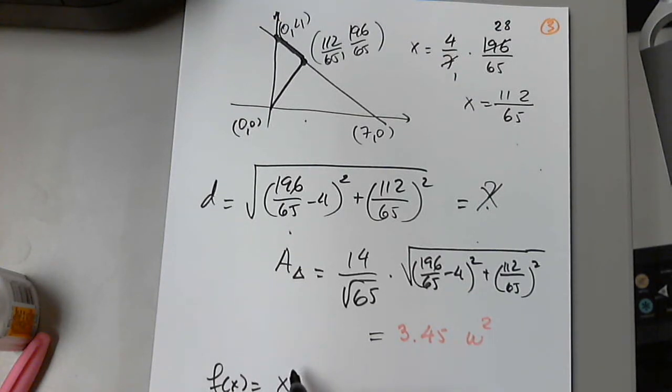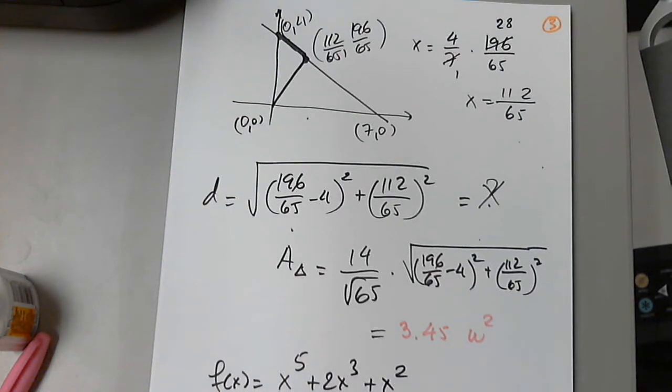I'm sorry? Perfect. So we have x to the fifth plus 2x cubed plus x squared. Okay, this is a polynomial degree. Degree. Very good.